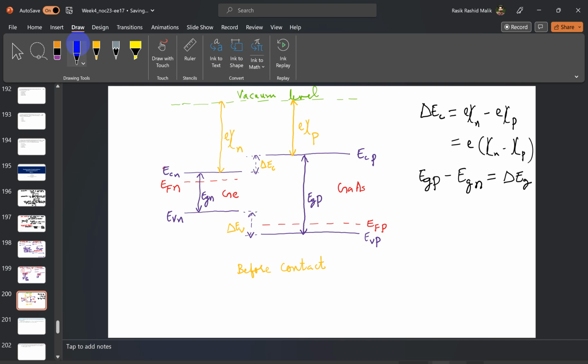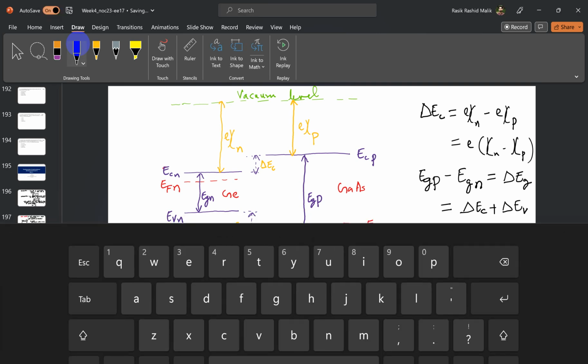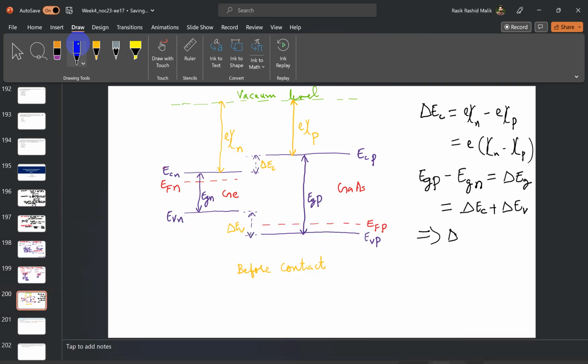So the difference in the band gap is simply the discontinuity in the conduction band plus the discontinuity in the valence band. If we know the discontinuity in the conduction band from the electron affinity, we can calculate the difference in valence band energy. Delta EV will be simply delta Eg minus delta EC.